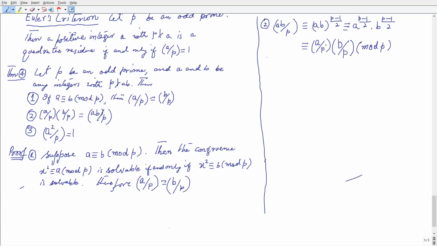So the equality holds in both of the cases.